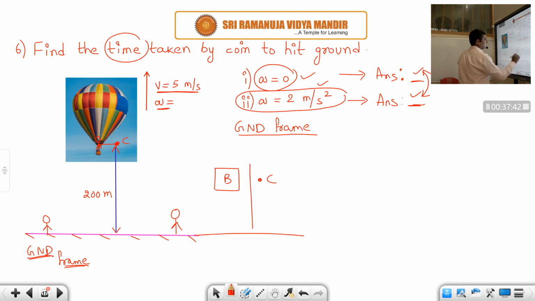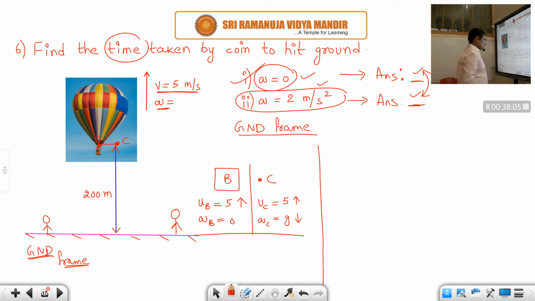What is the initial velocity of the balloon? 5 meters per second upwards. What is the acceleration of the balloon? Let us say in the first case 0. And what is the velocity of the coin, students? It is dropped, so its velocity is the same as the velocity of the moving object, so 5 upwards. But the acceleration of the coin is g downwards.